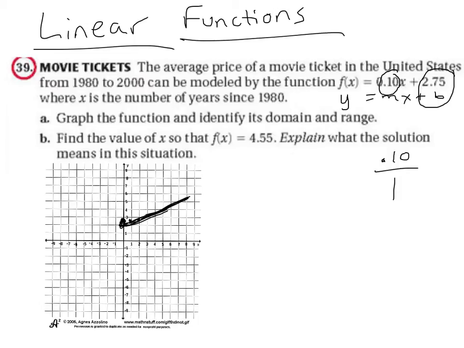Notice it's not a true line because it ends here, and it will end at what point? If it goes to 2000, that's 20 years past 1980, so it might keep going this way until you get to the x value of 20 and the y value of, I don't know. If x were 20, what would this mean for our function?